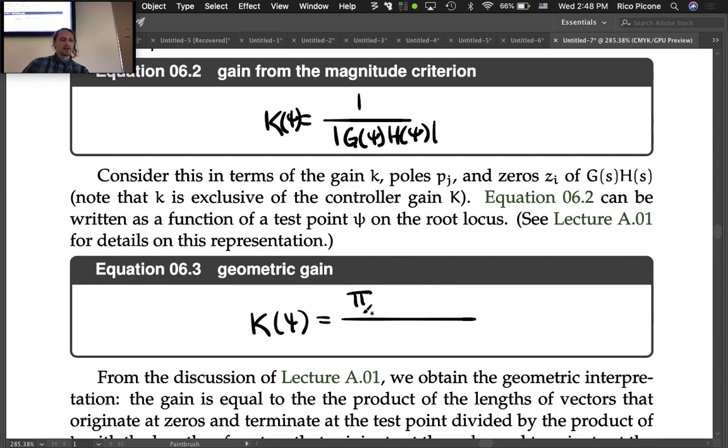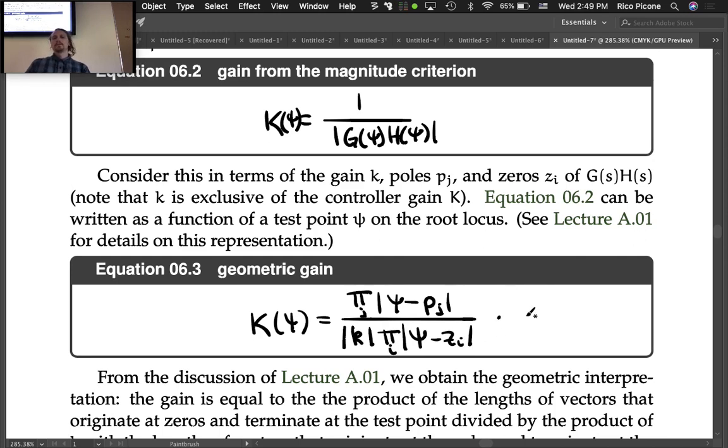It's the product over the j poles of the magnitude of the vectors going from each pole location, p_j, to the test point psi, divided by our little k times the product of all of the lengths from the zeros to the test point.